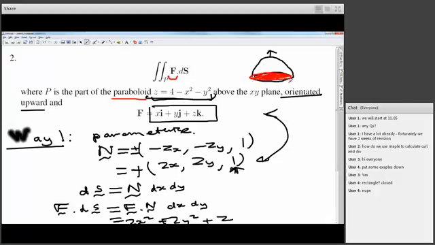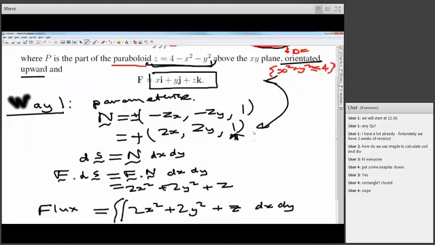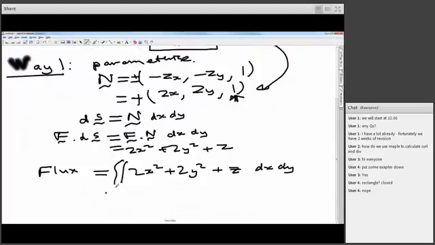We'll call that region D, which is just a circle. So x squared plus y squared, and when z equals 0, you're getting x squared plus y squared equals 4. So the boundary would be equal to 4, and the interior would be less than or equal to 4. So I'm integrating over this disk of this particular integral.